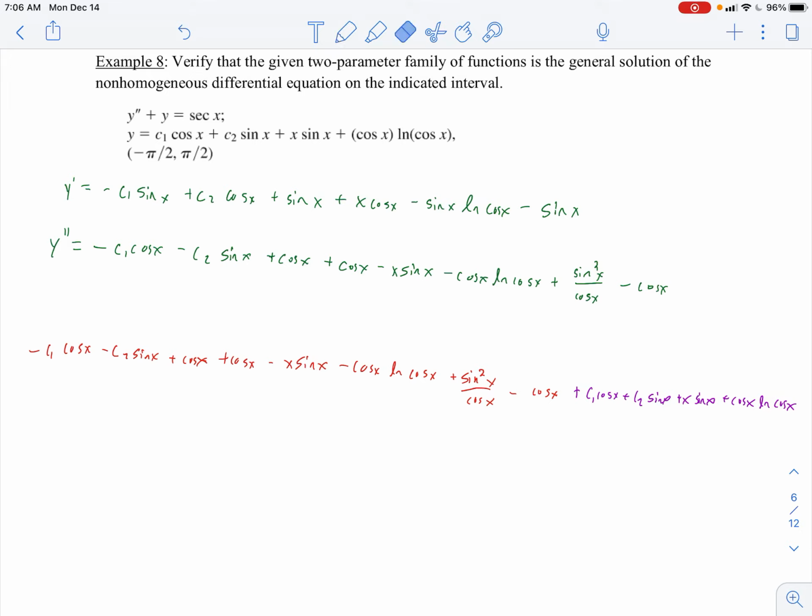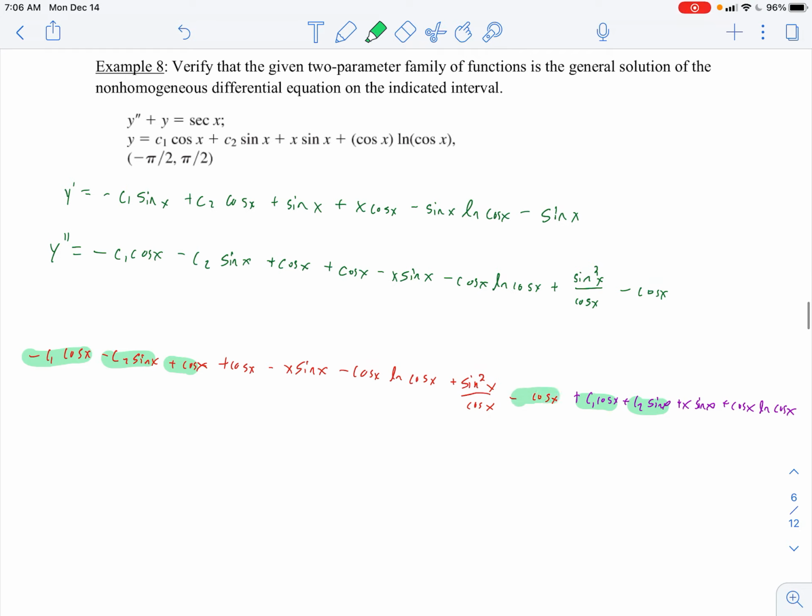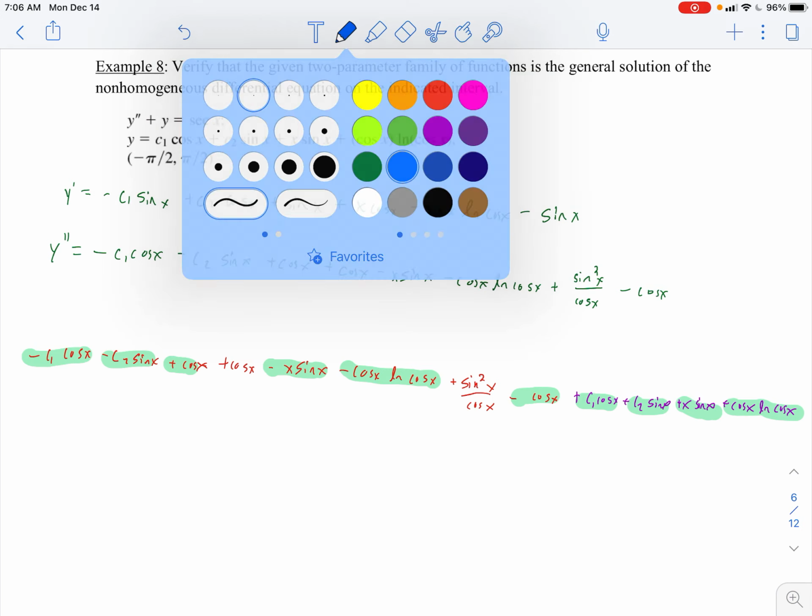So I'm just going to highlight so you don't really see things crossing out. So this is minus c sub 1 cosine x, which should cancel out with that plus c sub 1 cosine x. C sub 2 sine of x cancels out with that, plus cosine x is going to cancel out with that. Minus x sine of x cancels out with plus x sine of x, minus cosine x natural log of cosine x cancels out with plus there.